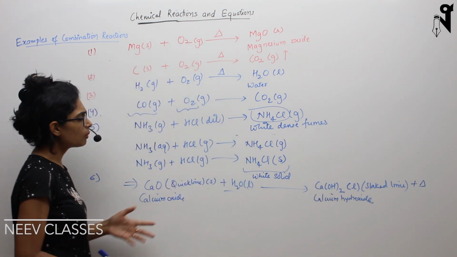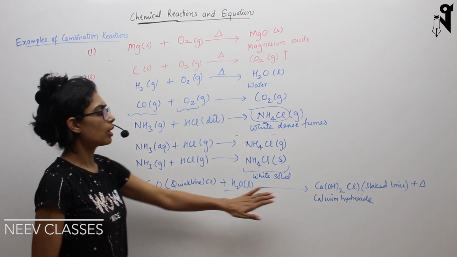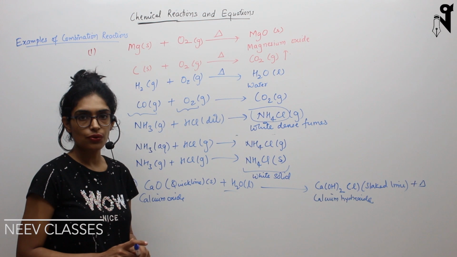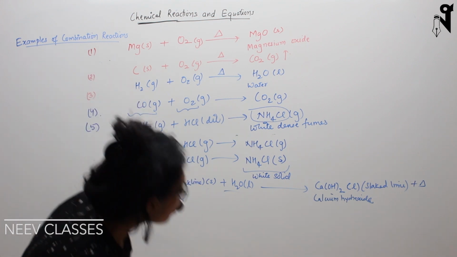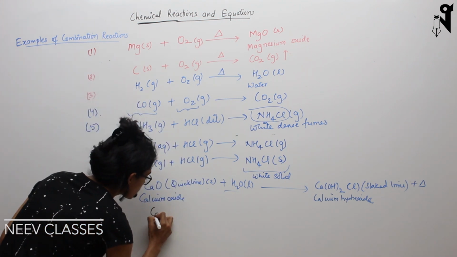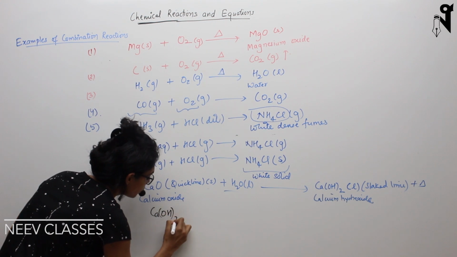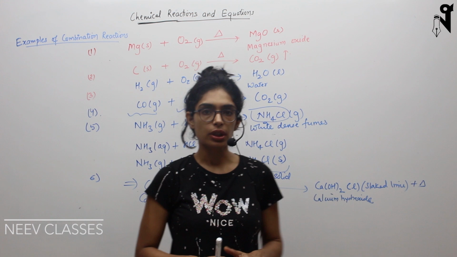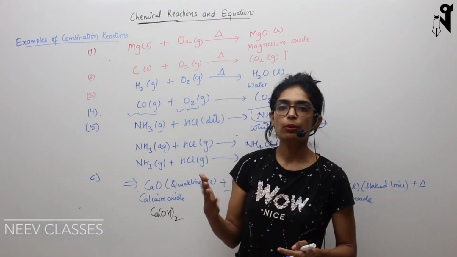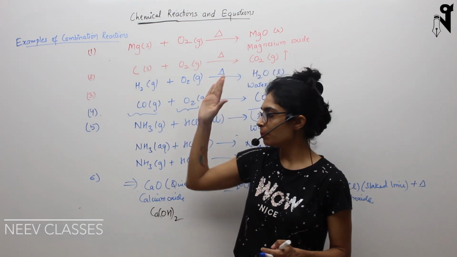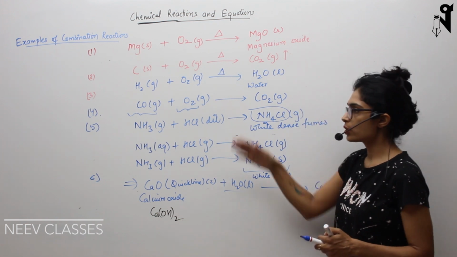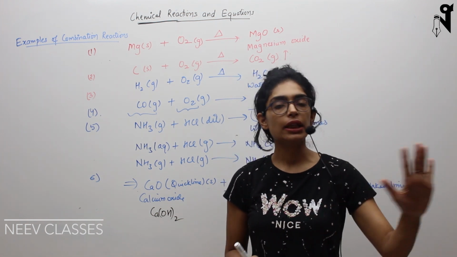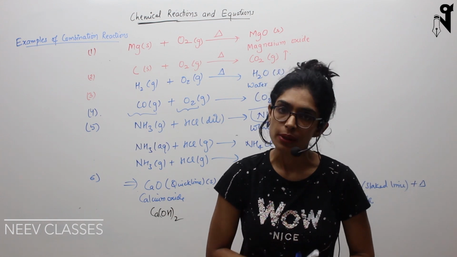Now because we are learning about this reaction, I'll tell you something about calcium hydroxide, which is not part of the combination reaction, but just for your information. Calcium hydroxide is what we use for whitewashing on the walls. Whenever the whitewash happens, you put the Ca(OH)2 on all the walls, and what will happen after putting it? Basically in the environment there is carbon dioxide gas also present.